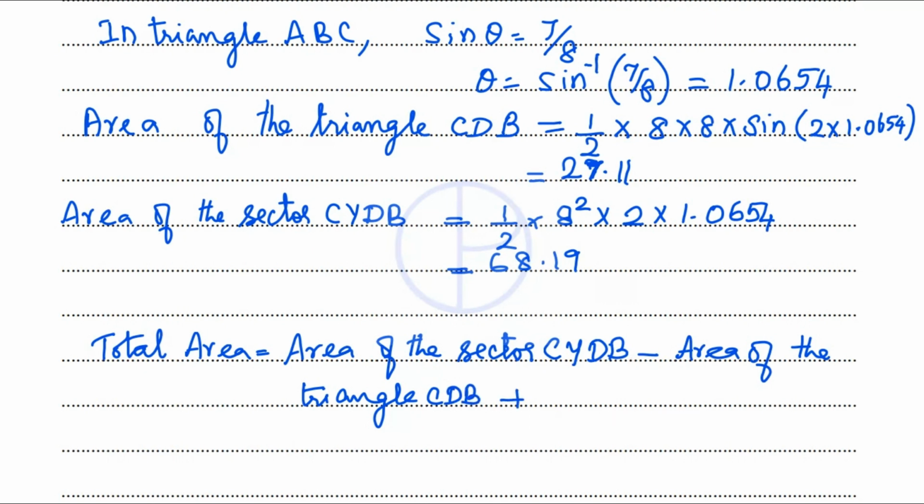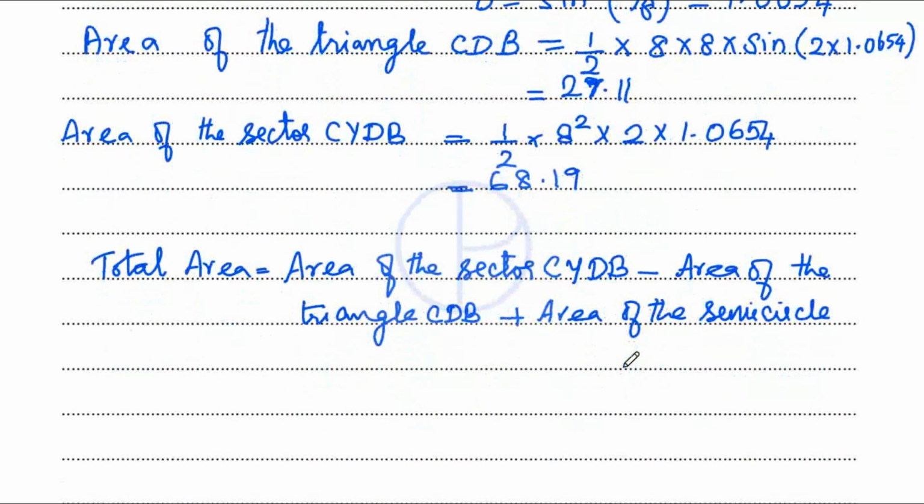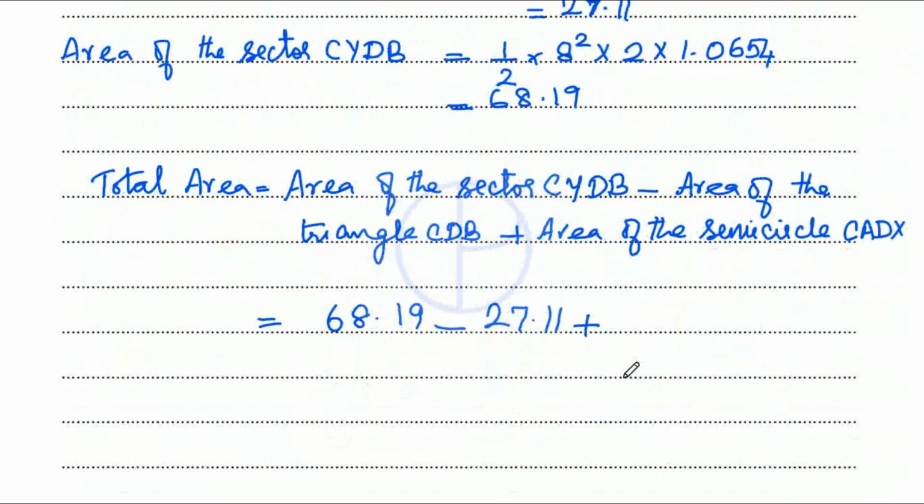Area of the sector CYDB is 68.19 minus area of the triangle CDB, which is 27.11, plus area of the semicircle, which is 76.97, which is equal to 118.05, which can be written as 118.1.